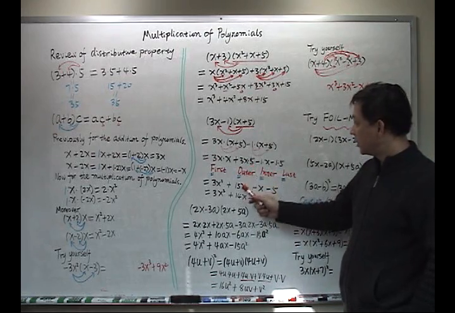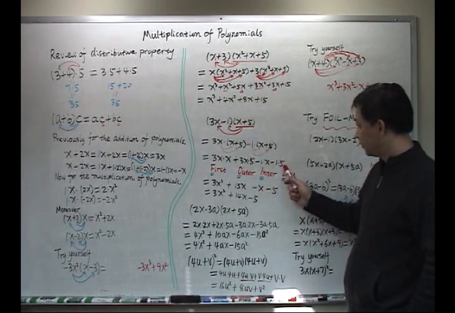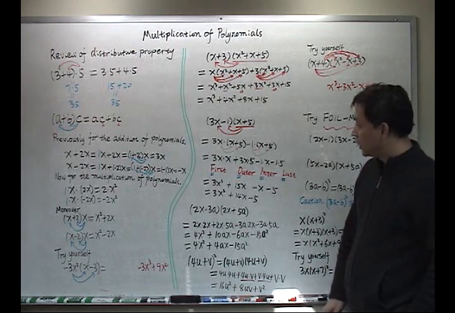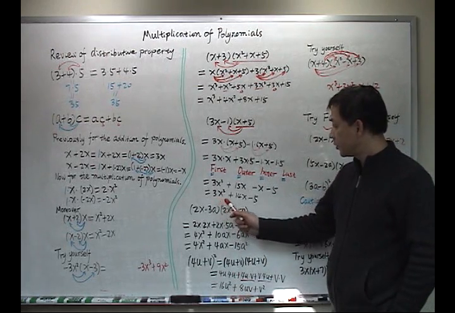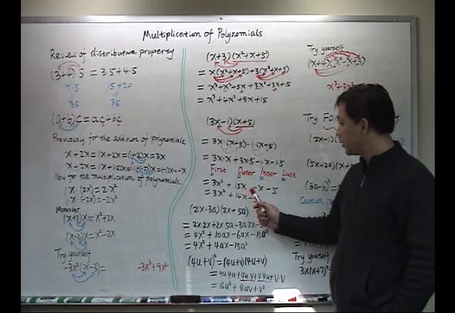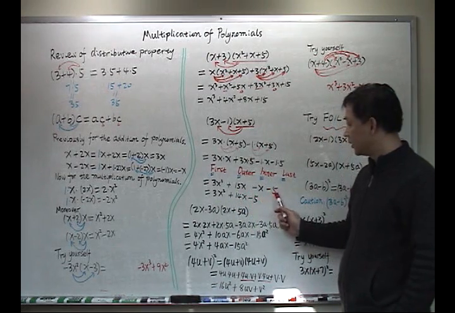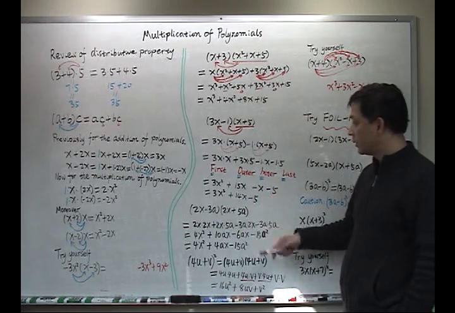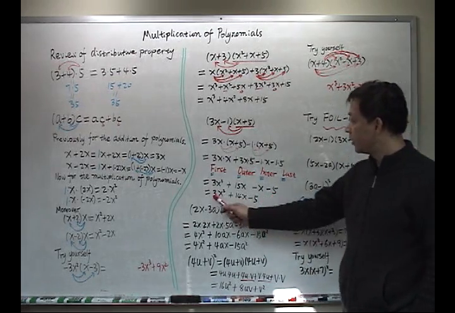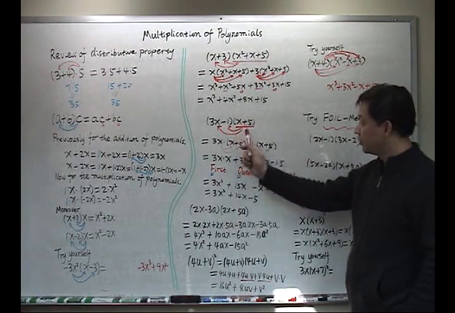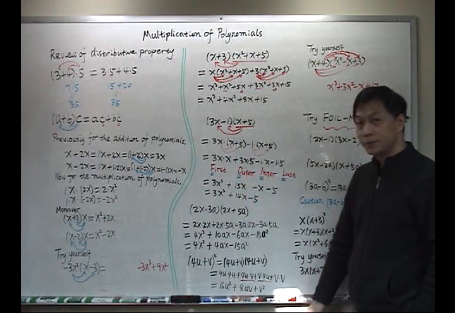After you get the multiplication for each individual term, then you have 3x plus 15x minus x gives us 14x minus 5. We have -5. So this is the final answer. Later on, we will do the FOIL method directly.